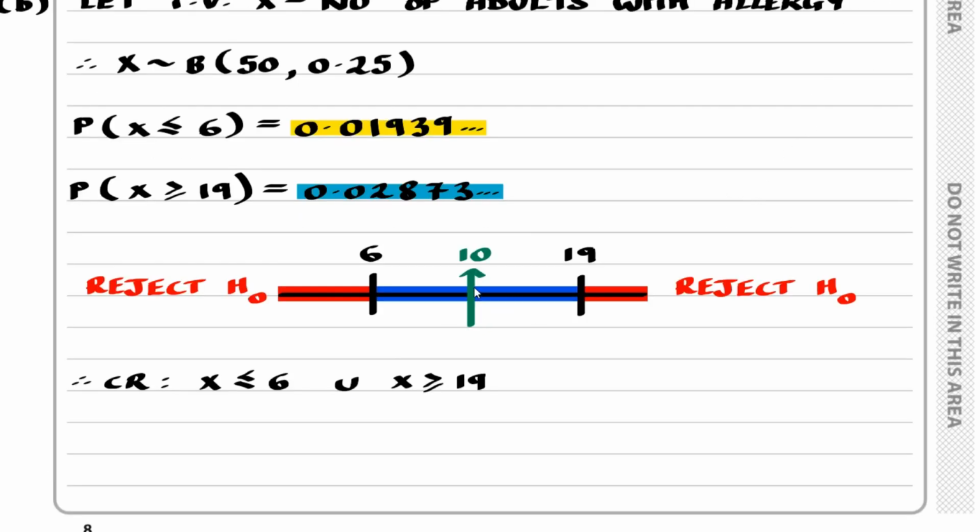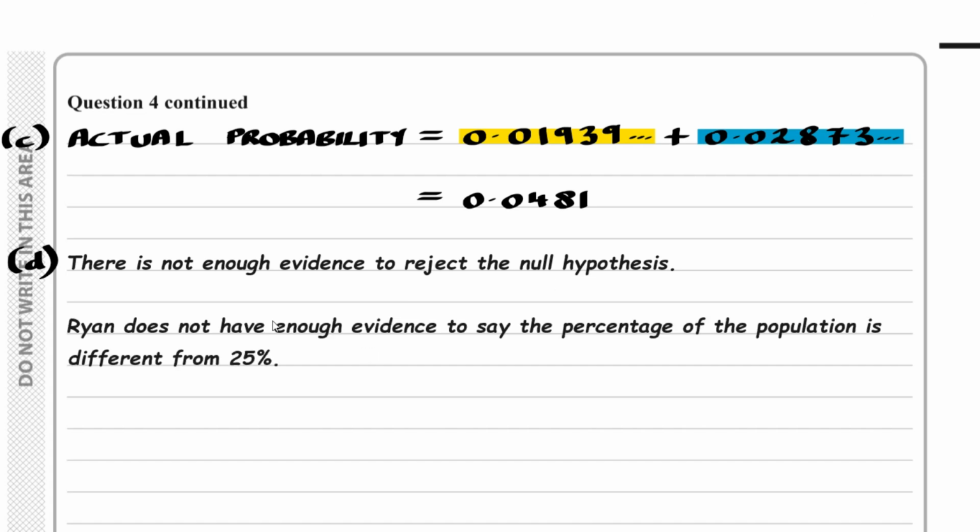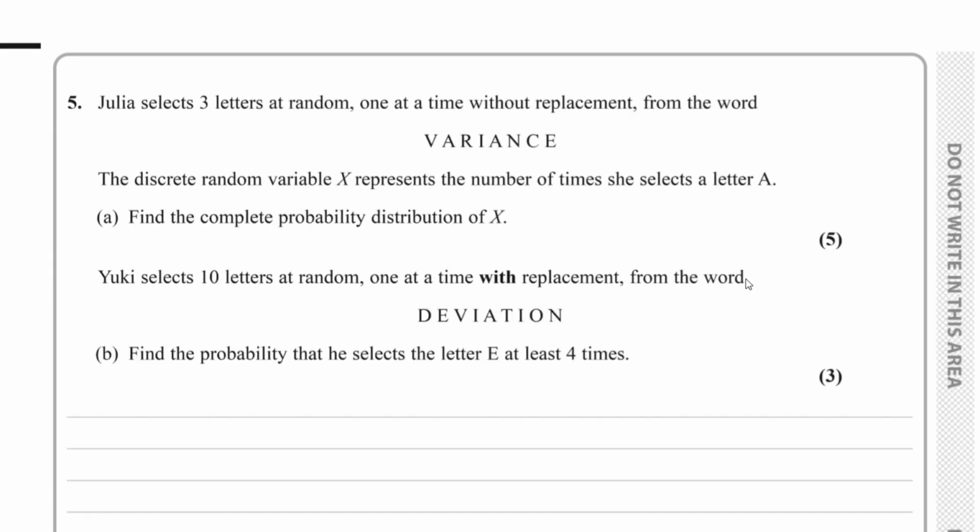So in our diagram, 10 is in the region where we do not reject H0. So because we do not reject H0, there is not enough evidence to reject the null hypothesis, which means Ryland does not have enough evidence to say the percentage of the population is different from 25%.